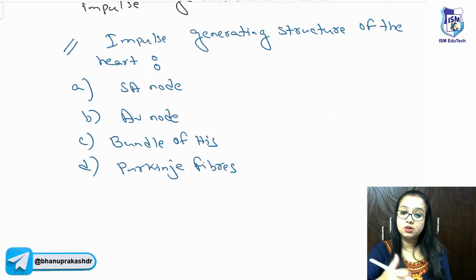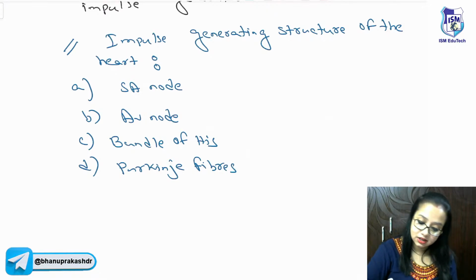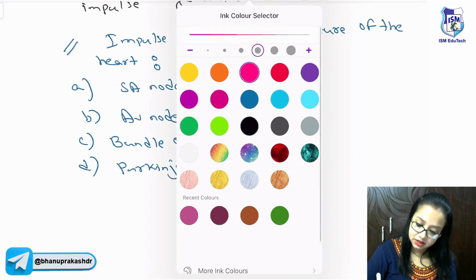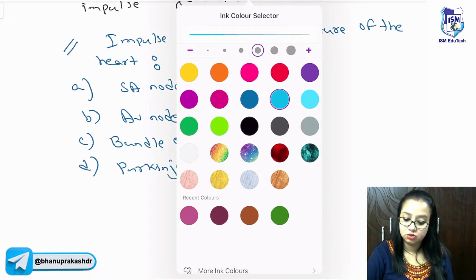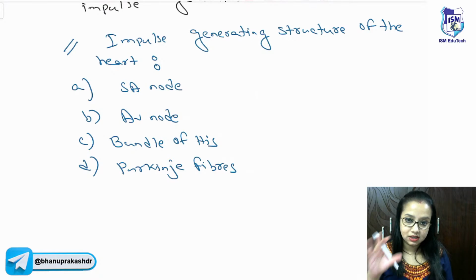Now, all these structures generate the impulse at a particular rate, like this many times per minute, causing the action potential firing, generating that electric action potential.